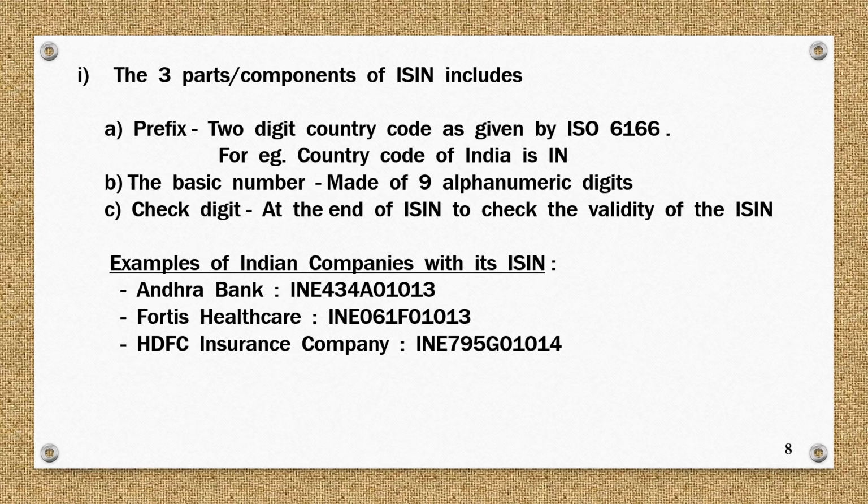HDFC Insurance Company ISIN is INE795G01014. Asian Paints is INE021A01026. So accordingly, you can find out the ISIN of any company. Each and every company issuing securities has a separate ISIN number.